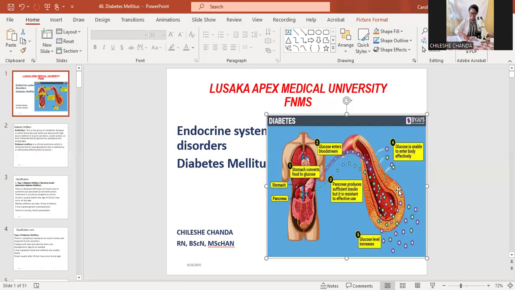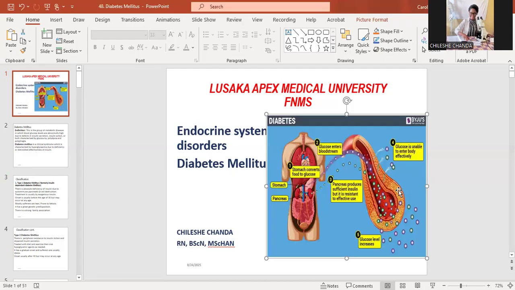Once insulin is released, it allows for those nutrients to be taken up by the body cells in order to be used. This is known as the lock and key hypothesis. Without the insulin, these nutrients that have been eaten will not be taken up by the cells.